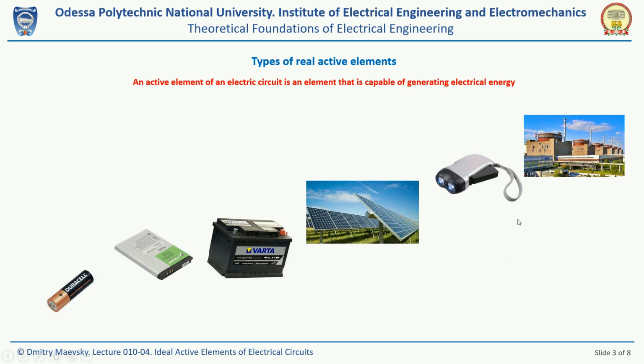There are many of them, from mechanical flashlights to nuclear power plants. Despite the great variety of active elements, we can notice one property that is inherent in all real active elements without exception. We will now turn to the study of this property.